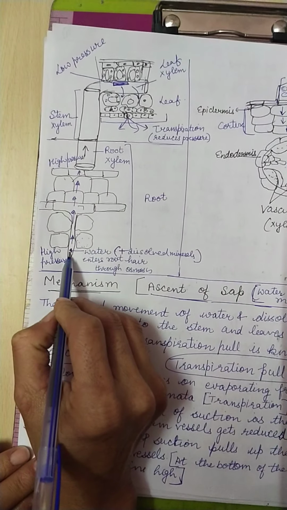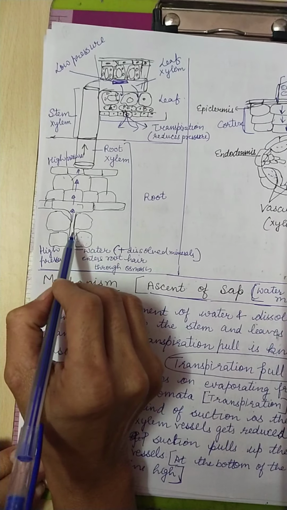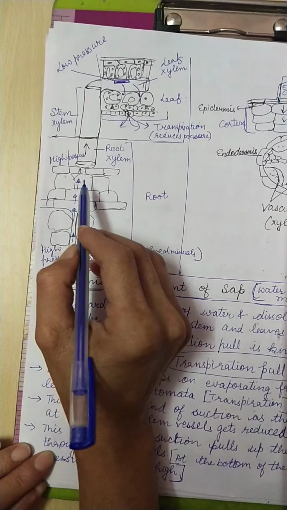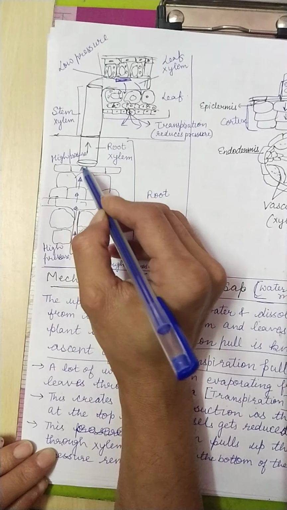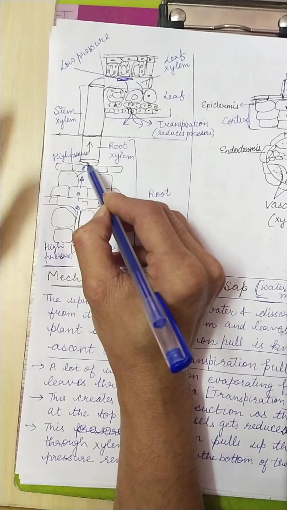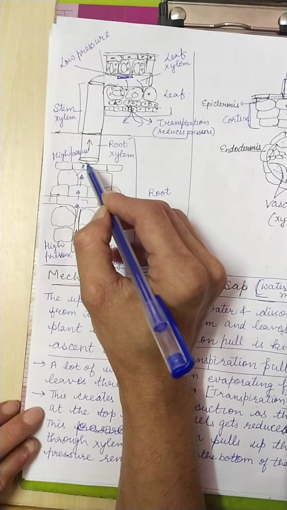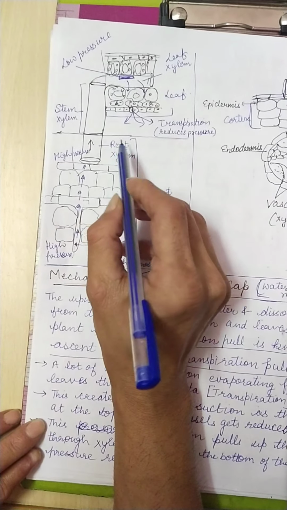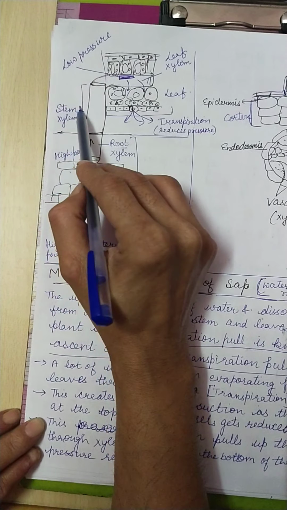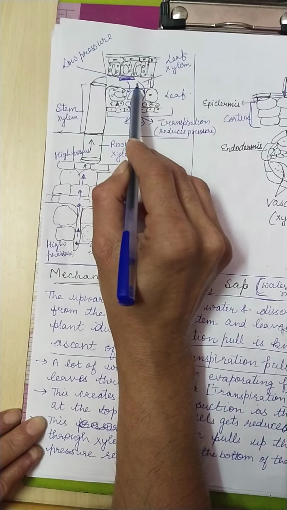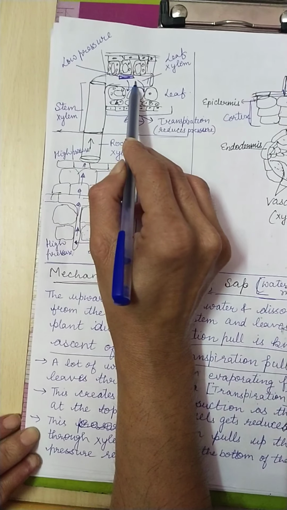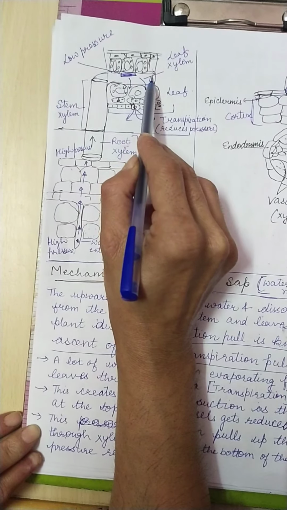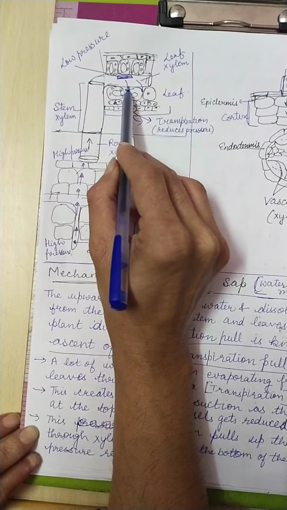See, water is entering from the soil by the process of osmosis and it reaches the root xylem. This is normal osmosis. Up till here there is no pressure requirement, but the upward movement from root xylem to the stem xylem and from the stem xylem to the leaf xylem needs a special mechanism, and this is called the transpiration pull theory, which we also call the suction pull theory.